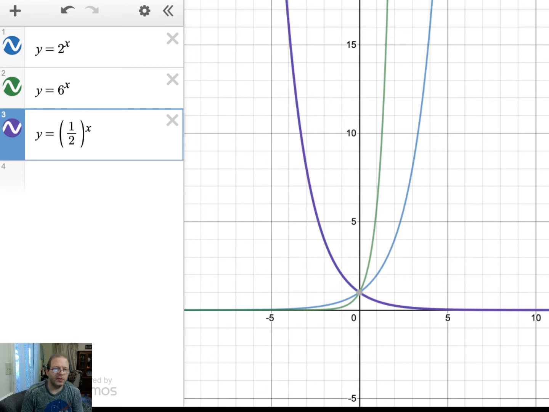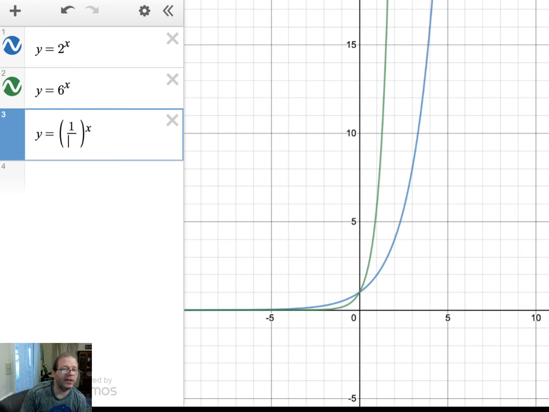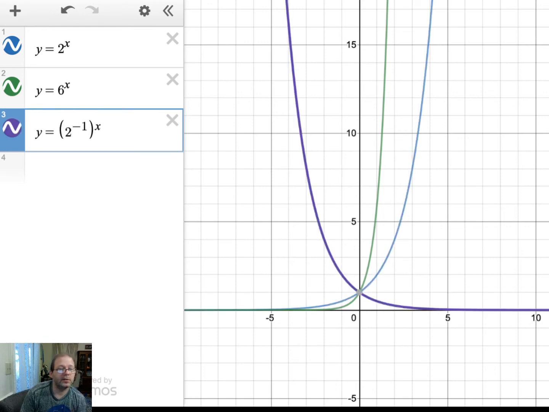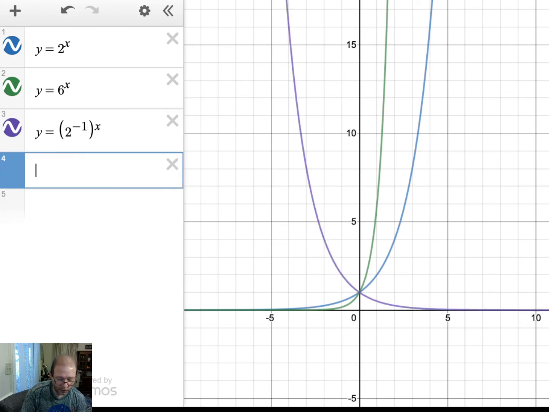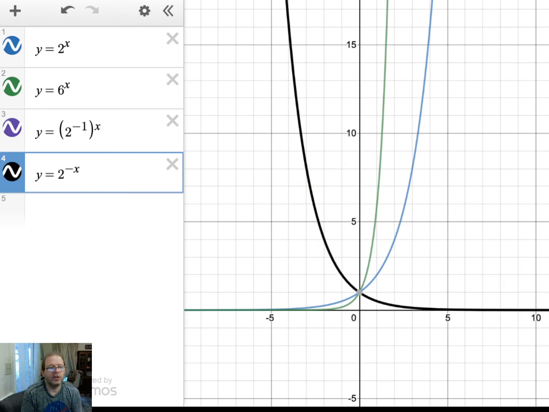And you can see this if you wanted to by saying 1/2 is 2 to the negative 1. And I could rewrite that as y equals 2 to the negative x. So putting in 1/2 to the x is the same as reversing the graph, flipping it horizontally.